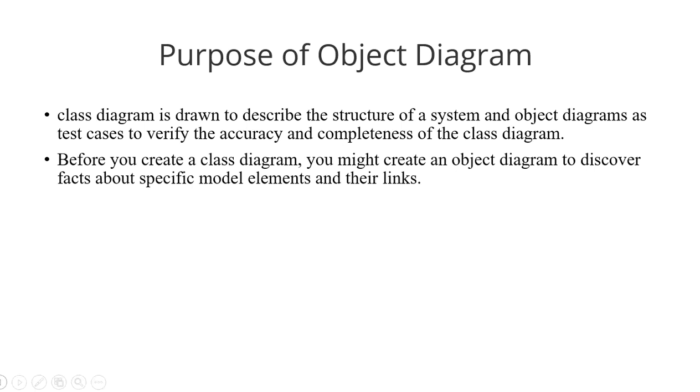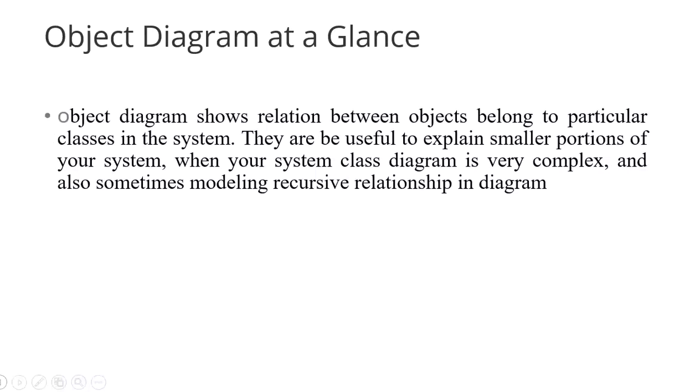But here this sentence means that for more clarification and for finalization of a complete and accurate class diagram, we create an object diagram before finalizing the class diagram. Object diagrams show the relationship between objects belonging to particular classes in the system. They can be useful to explain a smaller portion of your system when your system's class diagram is very complex, and also sometimes for modeling recursive relationships.